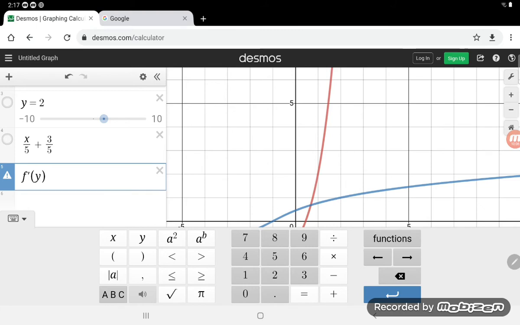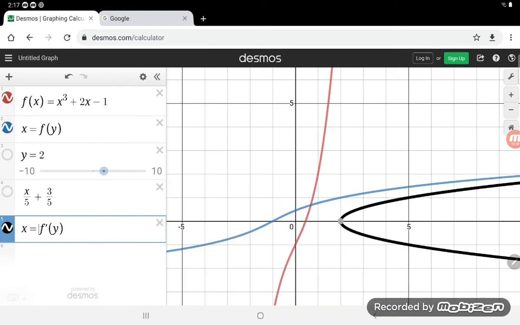It did not like it. Okay, let's try putting an x in front of that. x equals. Oh, wow. Isn't that exciting? That is very exciting. So there is the derivative function.